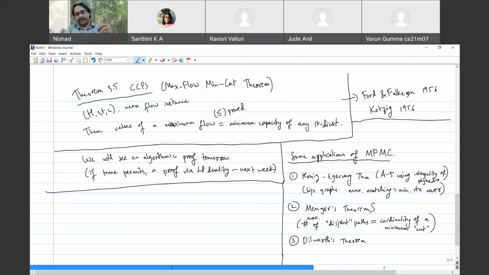I'm not sure exactly, and I don't remember the exact phrasing of the theorem, but it turns out you can also prove it using MaxFlowMinCut. It's about posets. What else? Does anyone know about any other applications? Am I missing any applications?